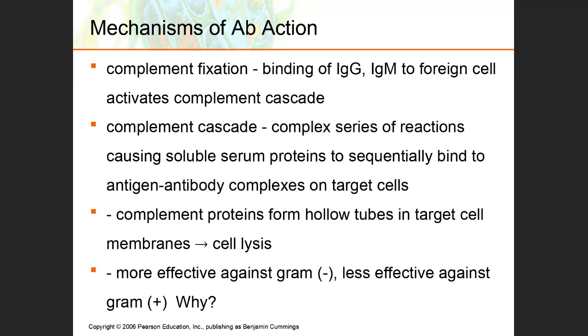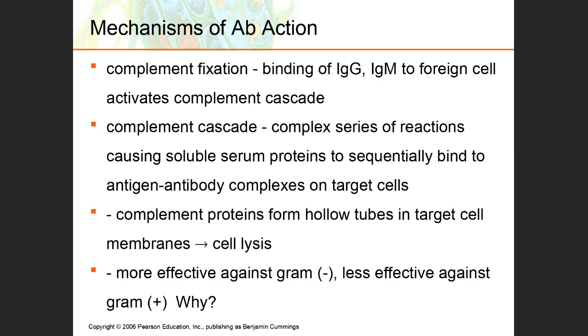Now, in general, complement tends to be more effective against gram-negative bacteria and less effective against gram-positives. Any idea why that would be? Why gram-negatives are killed more easily by complement proteins than gram-positive cells are? Right.